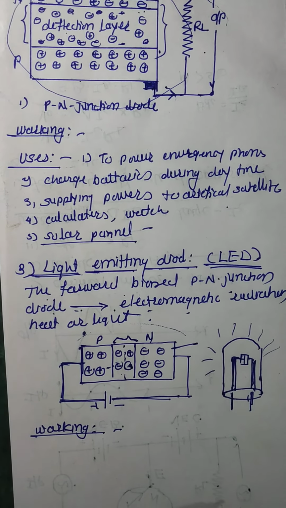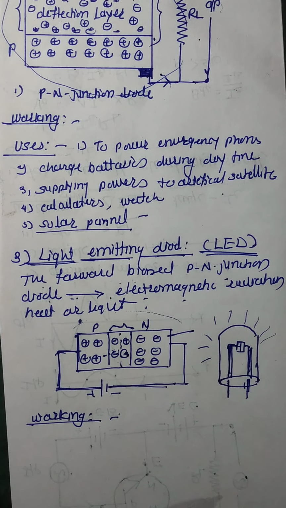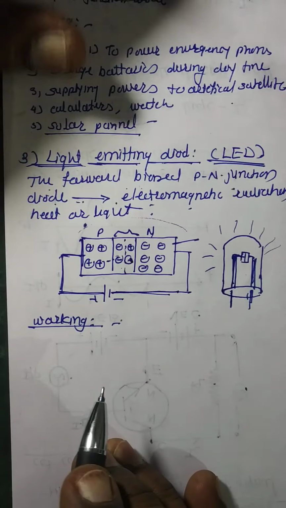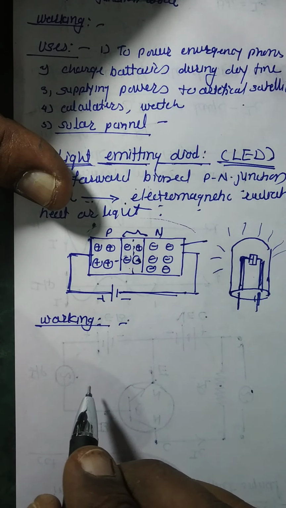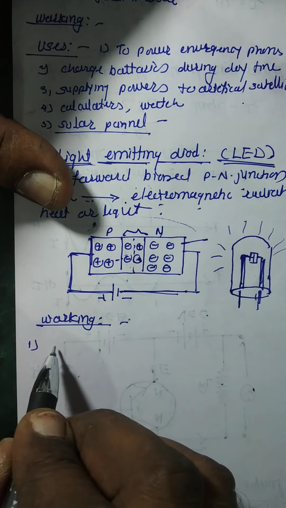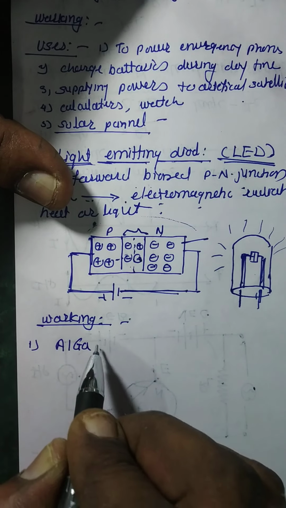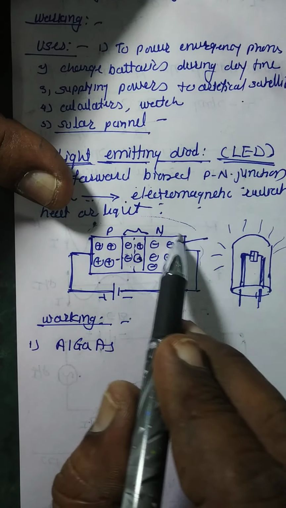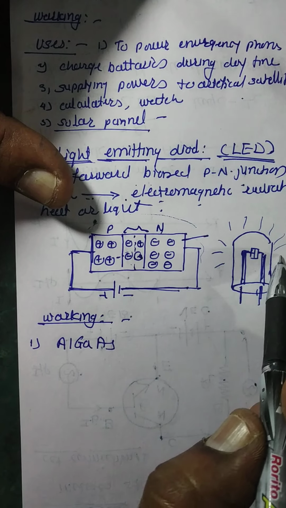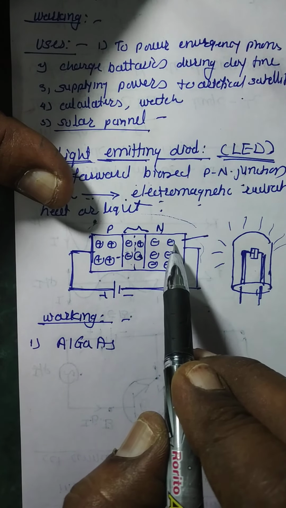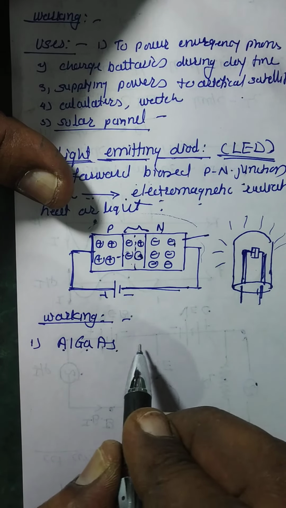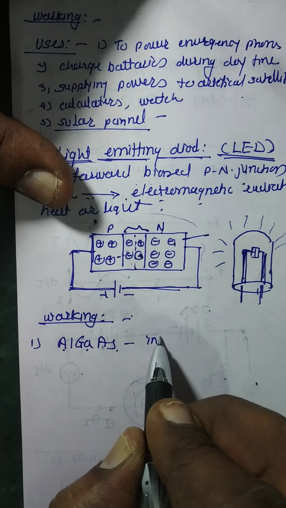When an LED is manufactured using aluminium, gallium, arsenic, then it emits infrared radiations.